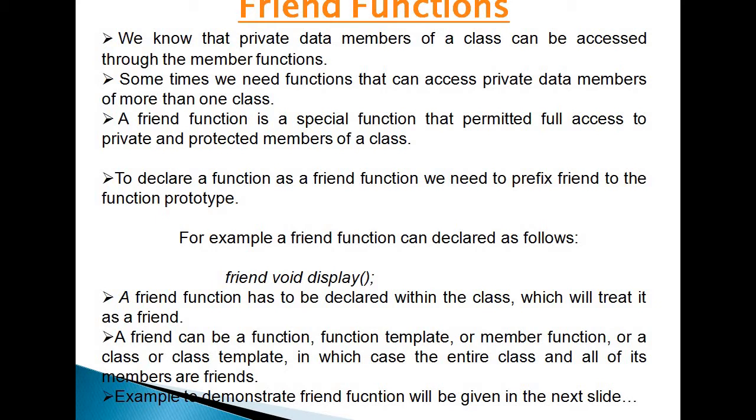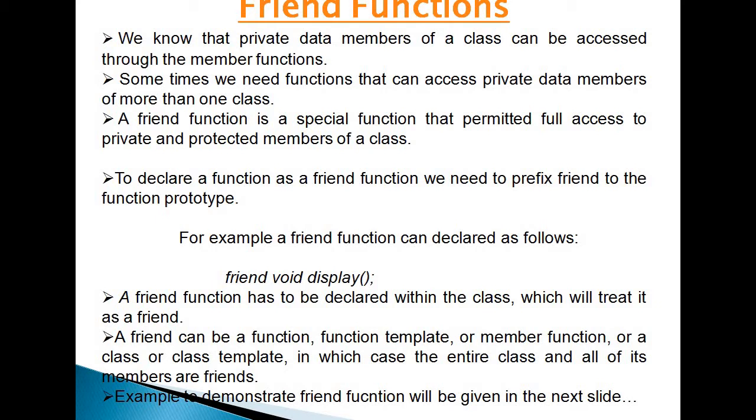Then we need the help of friend functions, because when a function becomes a friend of that class, all private data members of that class can be used in the friend function, and ultimately that friend function can be accessed through the objects of that class.